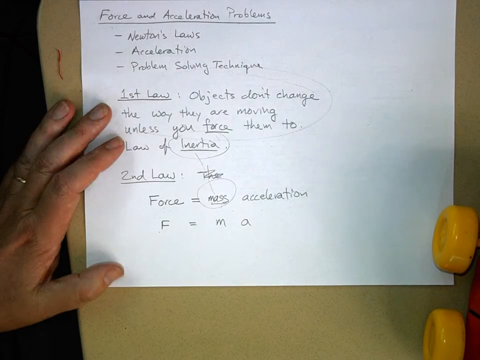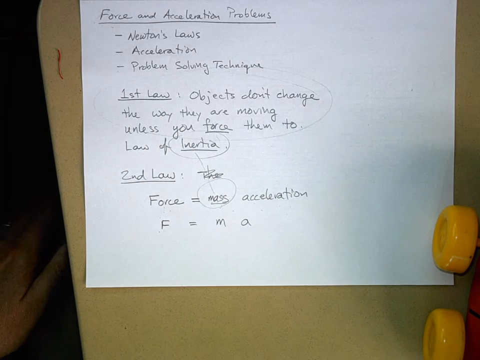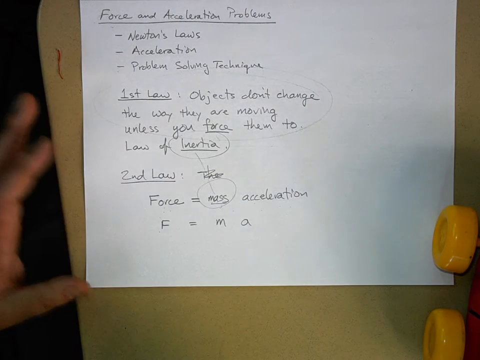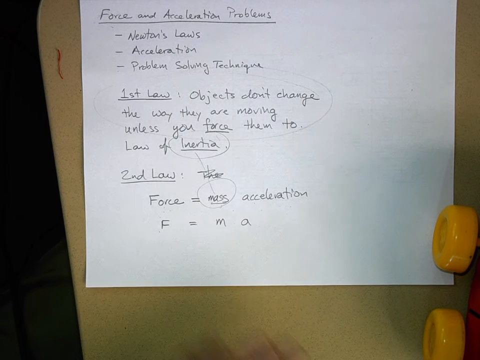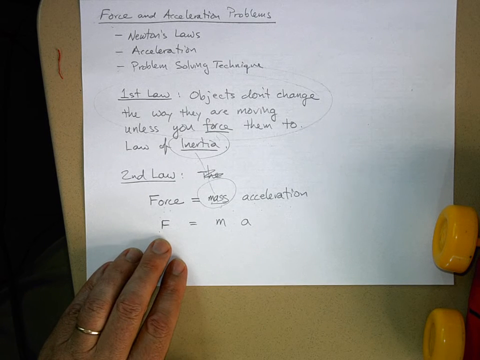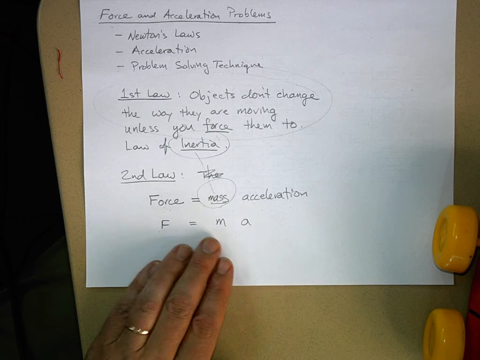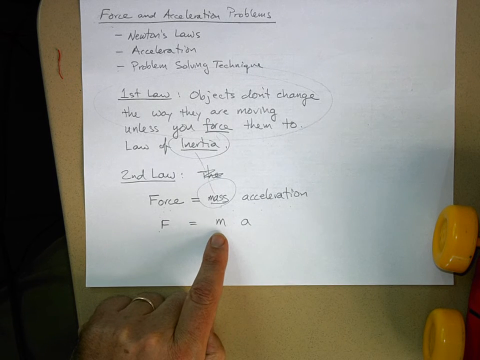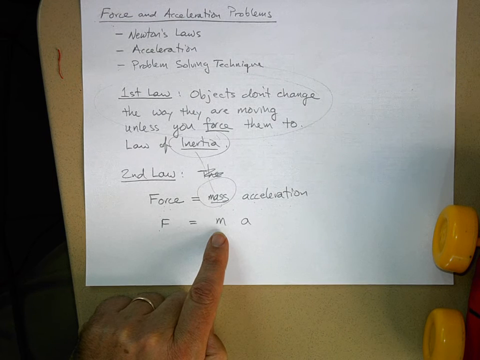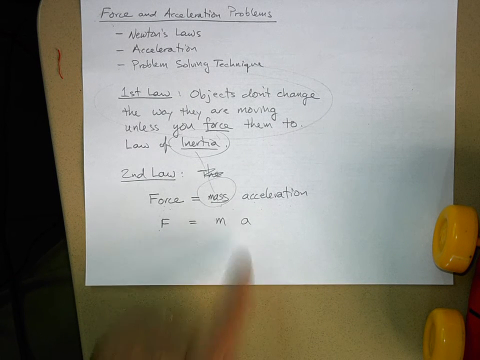F equals ma. Now we're going to put vector hats on it. We're going to talk about vectors later on. But F equals ma. The force you need to cause an object to accelerate depends on the mass. It really almost defines what mass is. Mass is how hard it is to make an object accelerate.